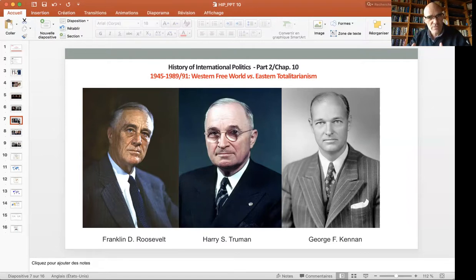They promise to abandon any use and even the threat of the use of force. This is the multilateral dimension of the United Nations. All the nations, members of the United Nations, promise not to go to war anymore. So this is typical of liberal or idealist visions of international policy.